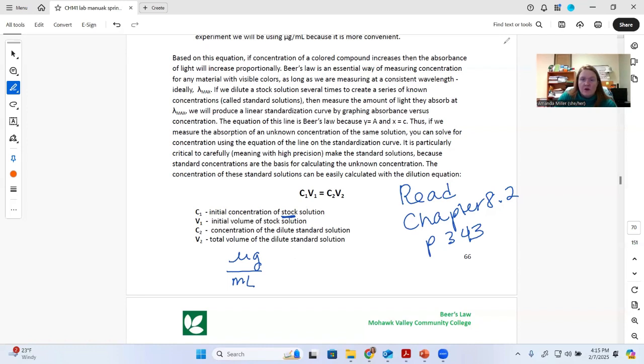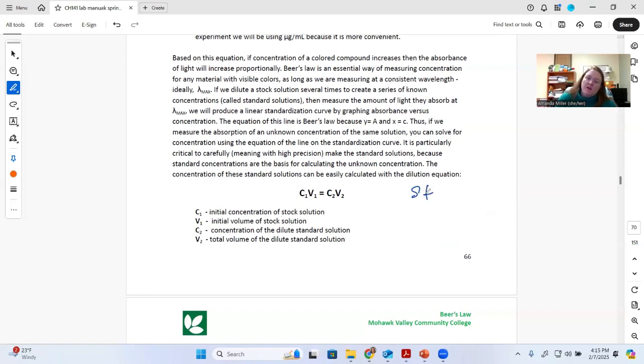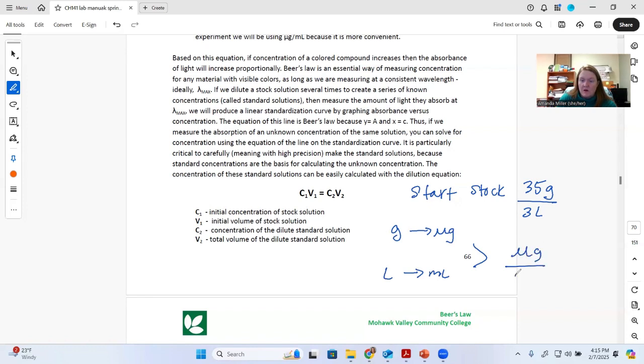Okay, so for example, I start with a stock concentration of 35 grams in 3 liters. My first step in this experiment would be to convert the grams into micrograms and the liters into milliliters, and then put those two together to get a concentration in the correct units.